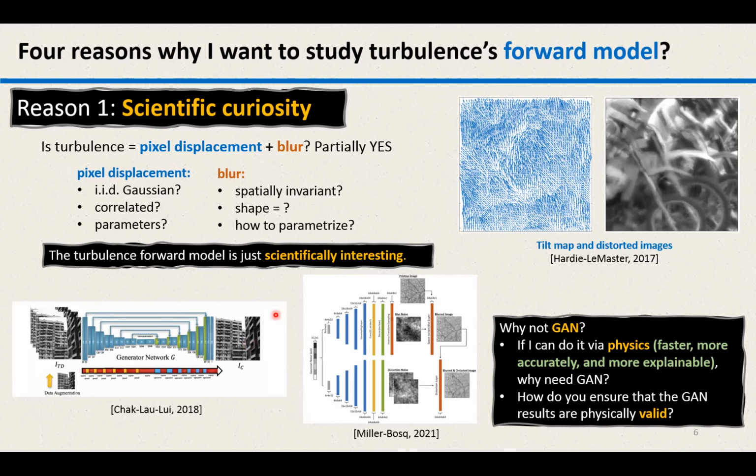And if I am able to synthesize the turbulence via the physical law, and I'm able to provide you faster, more accurate, and more explainable solutions, then I think that can give us strong reasons to go with the physical approach rather than a black box GAN approach.